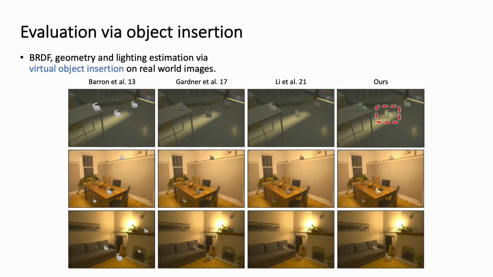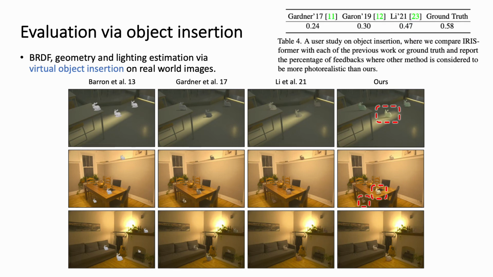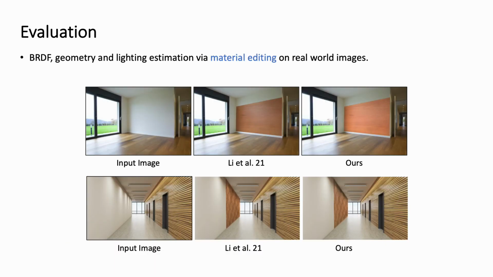In the first sample, the center bunny is properly lit up by our method. In the second and third samples, the lighting estimation is more globally spatially consistent across bunnies in multiple locations, in both the lighting intensities and directions. We also carry out an A/B study using the insertion results, showing more people find our results to be more visually convincing than baseline method.